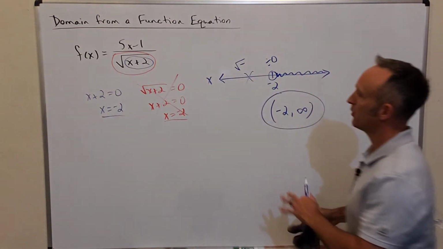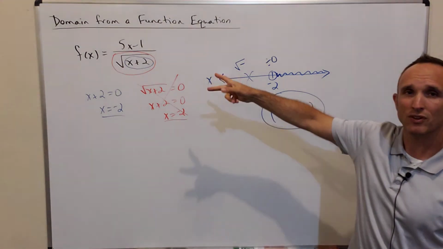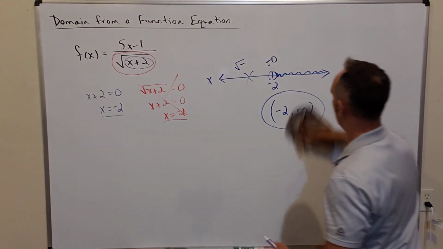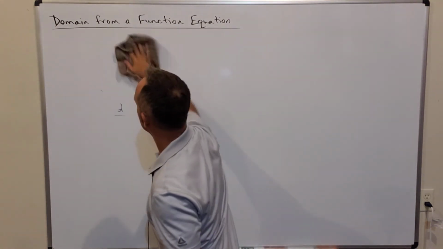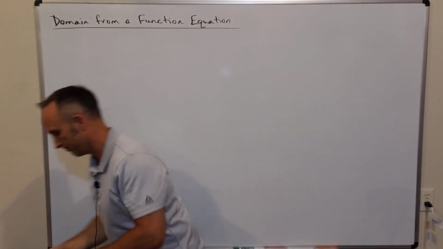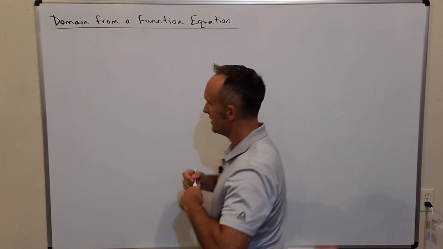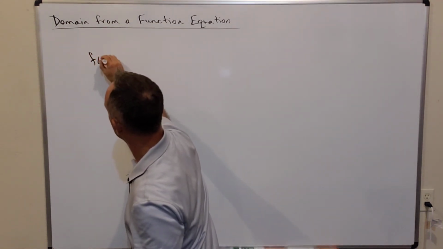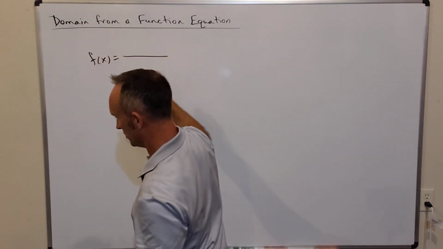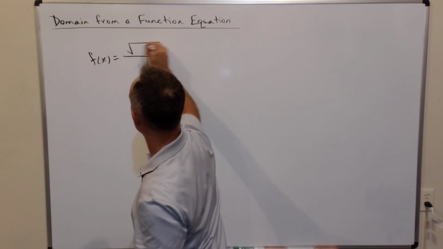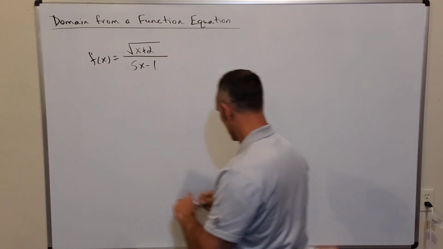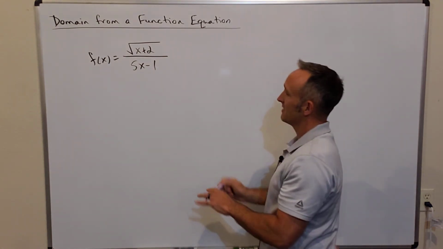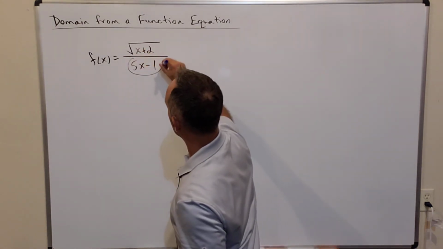Great examples so far. Now let's consider flipping this function, taking the reciprocal of it, and see how that changes our domain. So the next function is f of x equals the square root of x plus 2 over 5x minus 1. In this case, I have a denominator, that's a critical area.